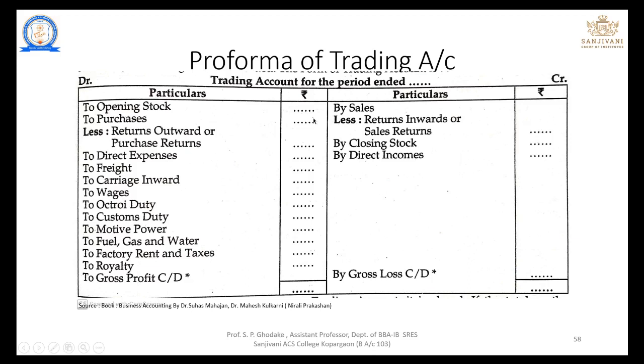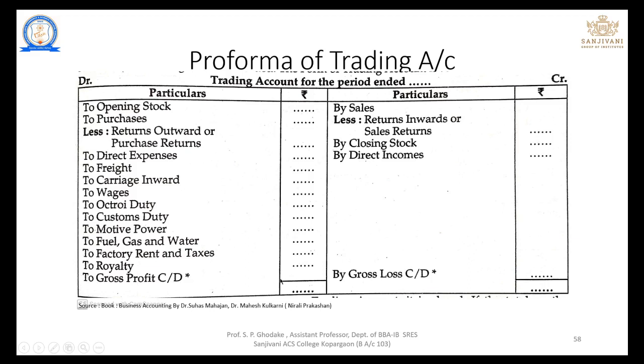For example, if the total of the debits is 1 lakh and the total of the credits is 1,20,000, the credit side is bigger than the debit side. So we write 1,20,000 here and 1,20,000 here, minus 1 lakh. We have a gross profit of 20,000 on the debit side, so it is called to gross profit carried down.